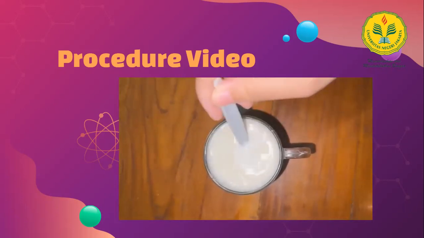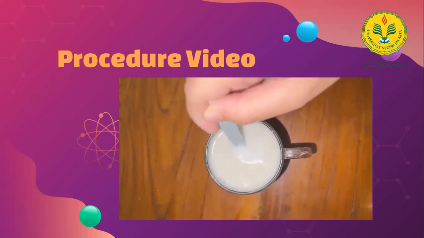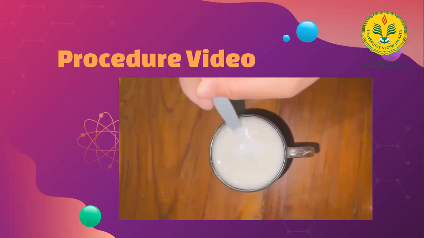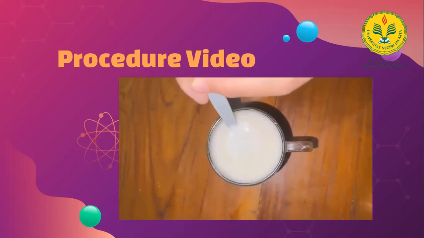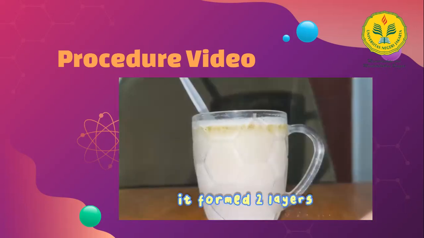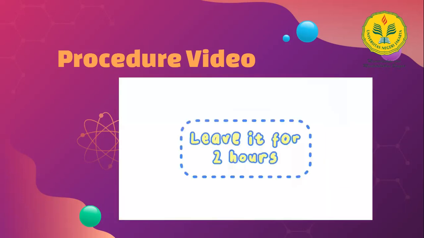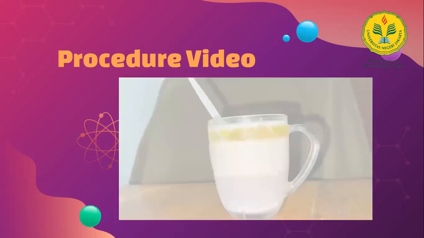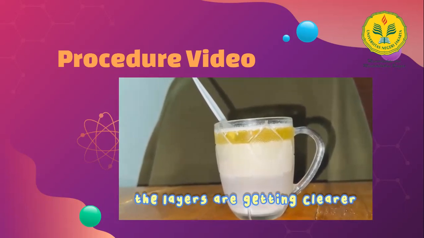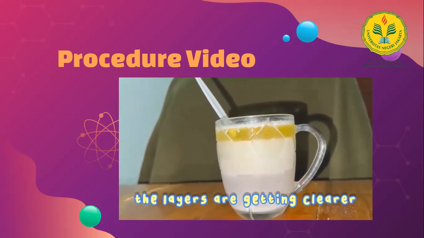This is the top view of the mixture. After we leave it for 10 minutes, it forms 2 layers again. And after we leave it for 2 hours, the layers are getting clearer.